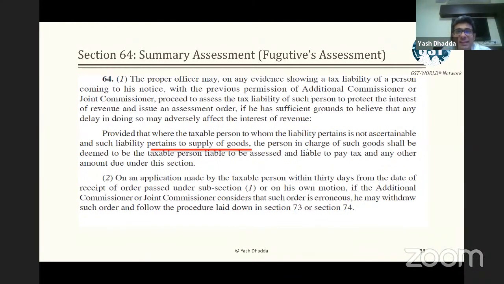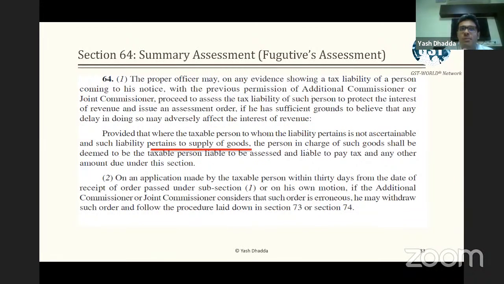They realized that this is unregistered or not added to the RC. Under section 64, they took the permission from the additional commissioner and they did an assessment of all the goods which were lying at the additional place of business, or only assessment कर दिया. And unfortunately, when an application was moved, the additional commissioner did not agree to the request of the assessee and he did not withdraw that particular order.